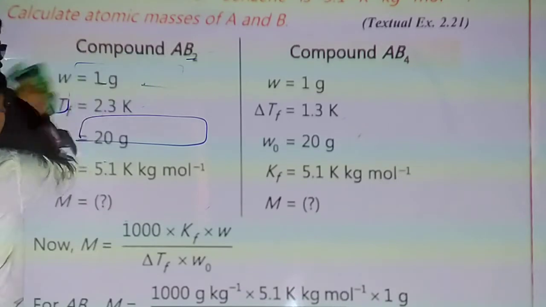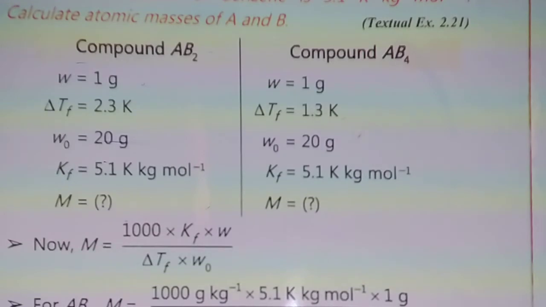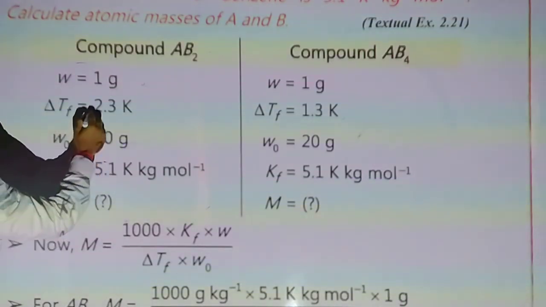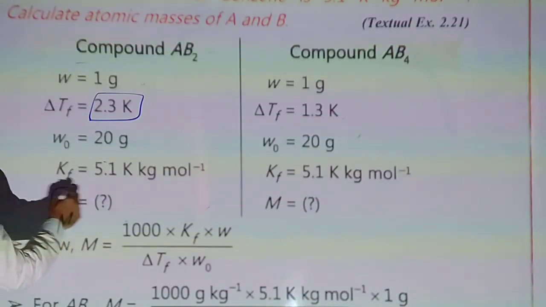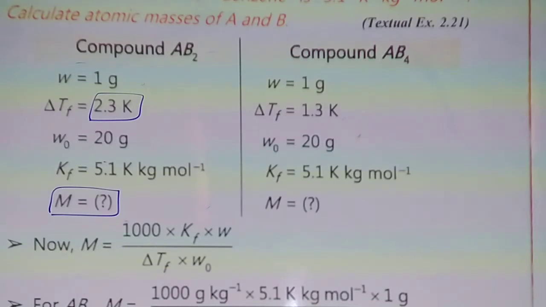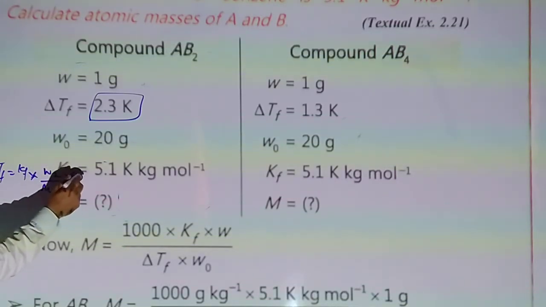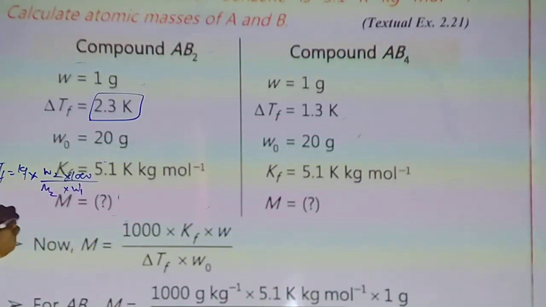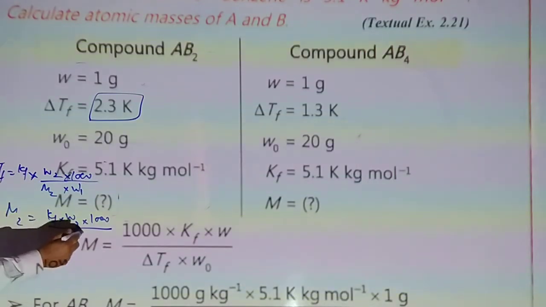Here for compound AB2, mass of AB2 is 1 gram. Depression in freezing point of the solution 2.3. Mass of solvent 20 gram. Kf 5.1. So what will the molecular mass be? We use the formula once again, delta TF is equal to Kf into W2 upon M2 into 1000 upon W1. So M2 will be Kf W2 1000 upon delta TF and W1.